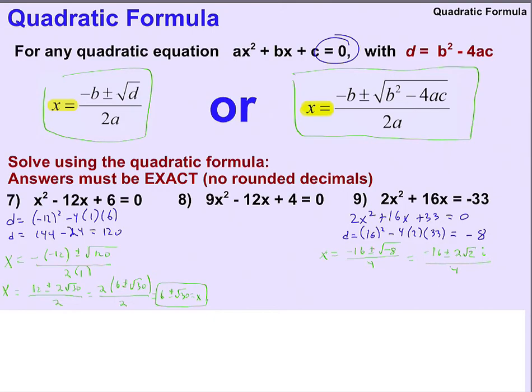Just remember that because we have an imaginary solution, we do have to separate that into a plus bi form. So I'll separate the negative 16 over 4 plus or minus 2 square root of 2 over 4. And I can reduce the 2 over 4 there, times i, and that is our final solution.